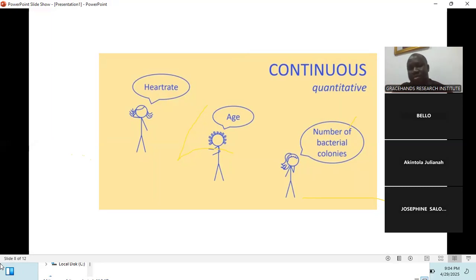So now, to put things in order so that you're not destabilized, let's look at age as an example.